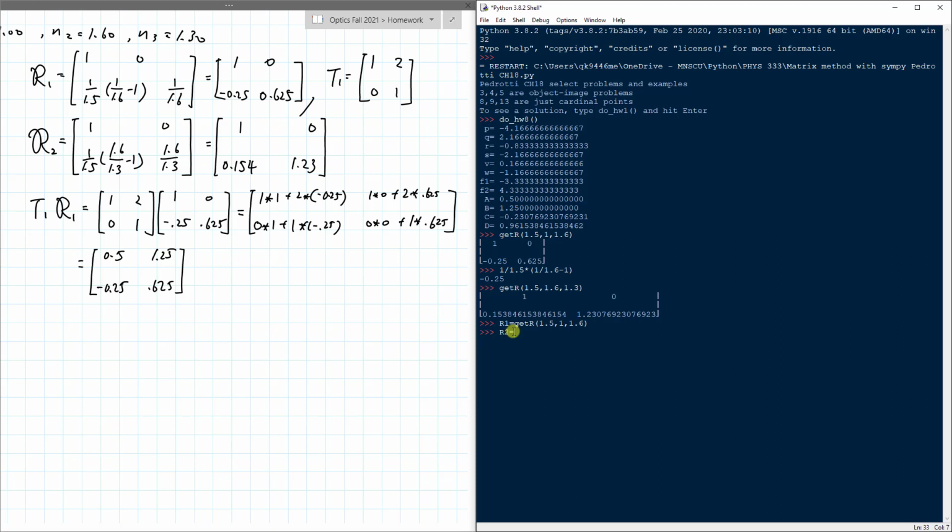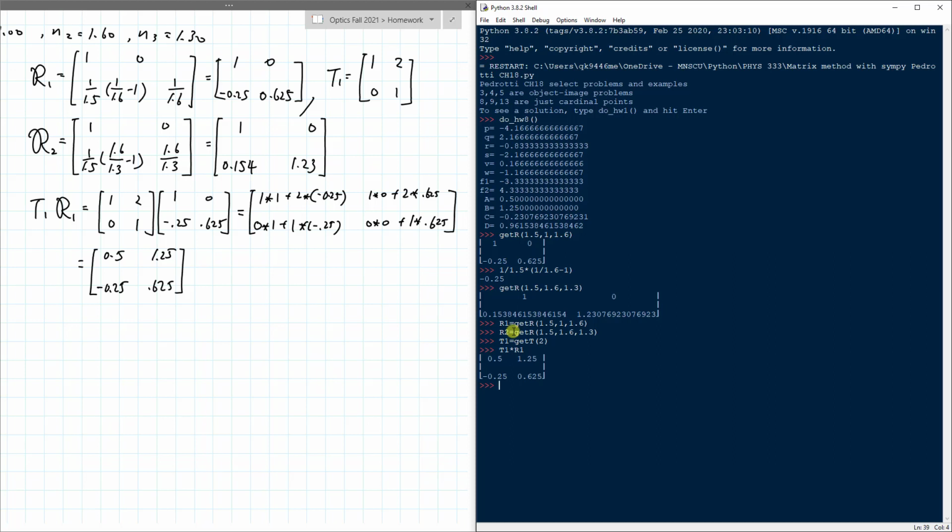R2 will get that equal to 1.5 centimeters, 1.6 index of refraction, 1.3 on the right side, and T1 equals, I just need a distance of 2 centimeters thick. Okay, so I can do T1 R1. Okay, and everything checks out, so my calculation so far is correct.